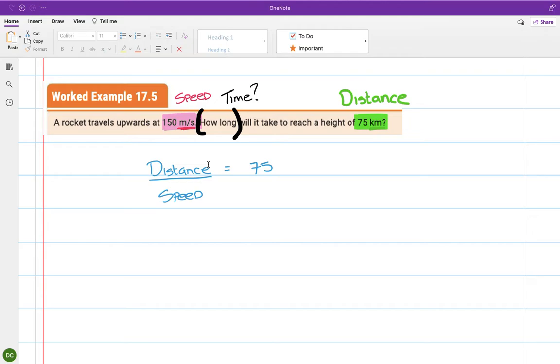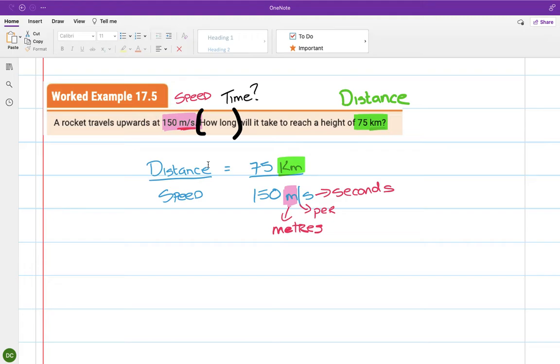Now we need to talk about this, right? And the speed is 150 m per s. Okay, I think I said it at the start, that's meters. This bit we say per, and that is seconds. Yeah? And then this thing up here is clearly kilometers.